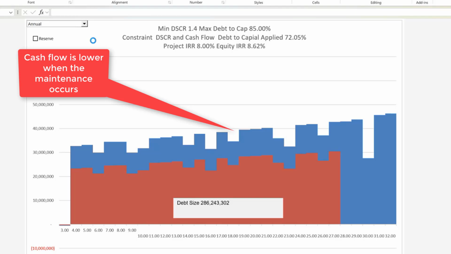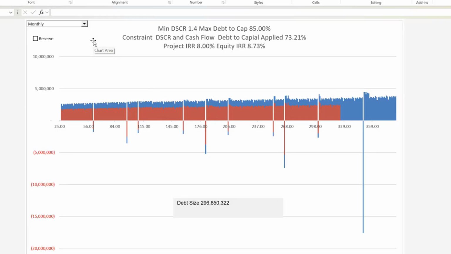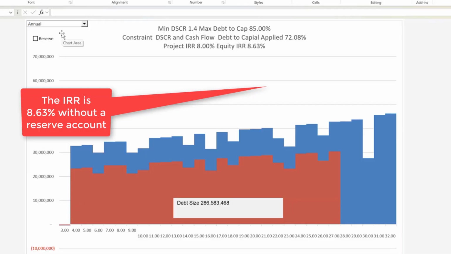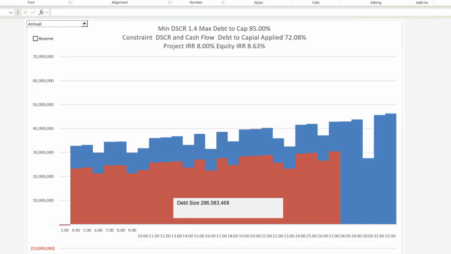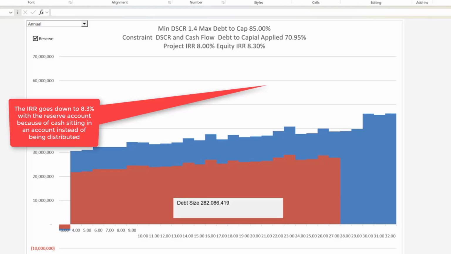Can you go back to annual, Hetty, and let's look at the difference between the IRR with the reserve and without the reserve. Now, I didn't put any interest income on the reserve account. So if you have some cash sitting there, look at the equity IRR.